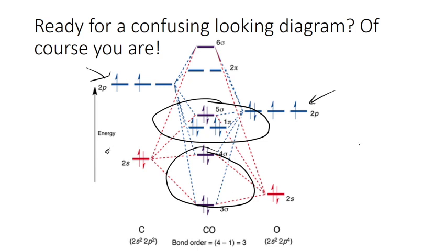If these are the individual orbitals for the elements on the edges, carbon over here, oxygen over here, if you look at where the atom's original orbitals sit, energy-wise, and look in the center here, the energy actually goes down on both sides, on the carbon side by quite a bit.